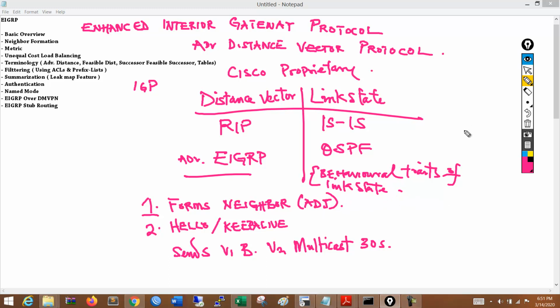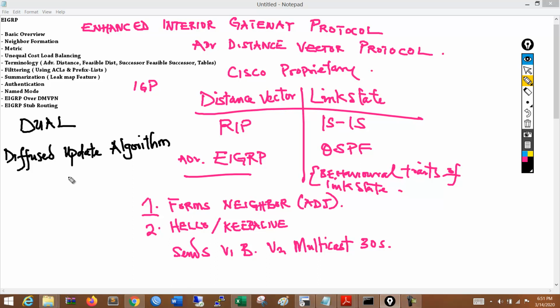EIGRP also utilizes a metric. Let's talk about the algorithm. EIGRP utilizes the DUAL algorithm. This is the Diffusing Update Algorithm.